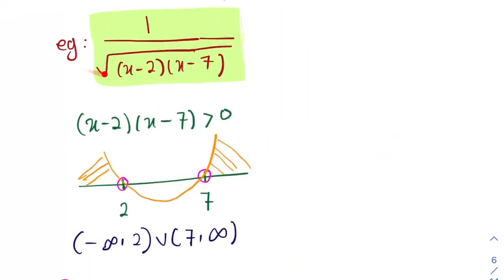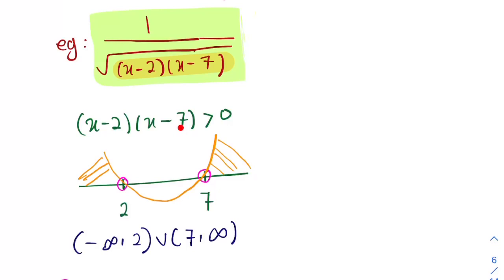Let's see this question here. You also have radical in your denominator. So just take everything under your radical, and it must be more than 0. Actually it is more or equal to 0, but again denominator cannot be equal to 0. So this is just more than 0. So this is a quadratic inequality.